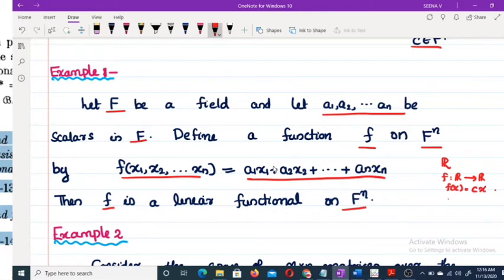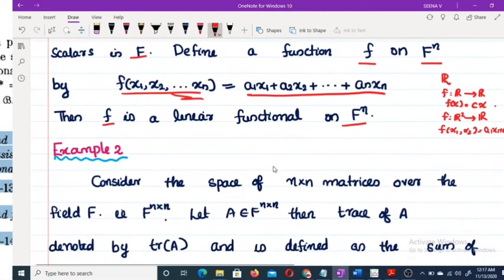Now suppose we define f from R2 to R, f of (x1, x2) equals a1 x1 plus a2 x2, and the general form is this one. Clearly you can easily verify this. This is a linear combination of x1, x2, etc., xn. Okay, therefore f is a linear functional on Fn.